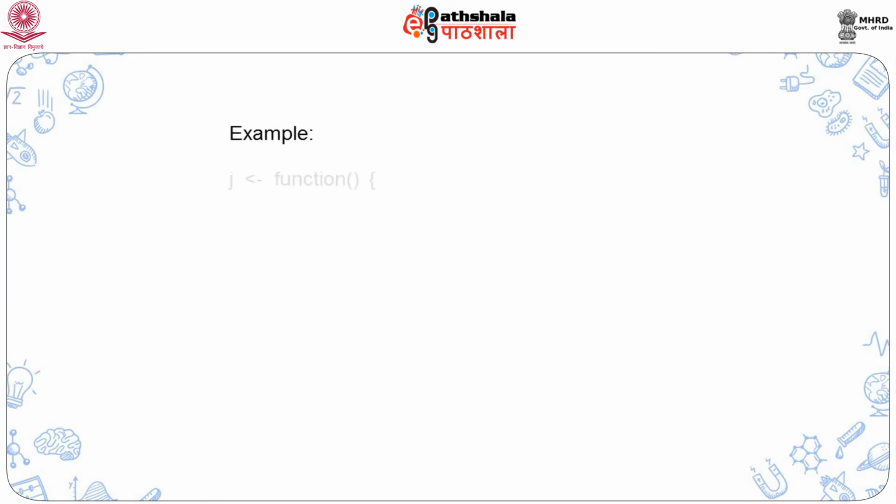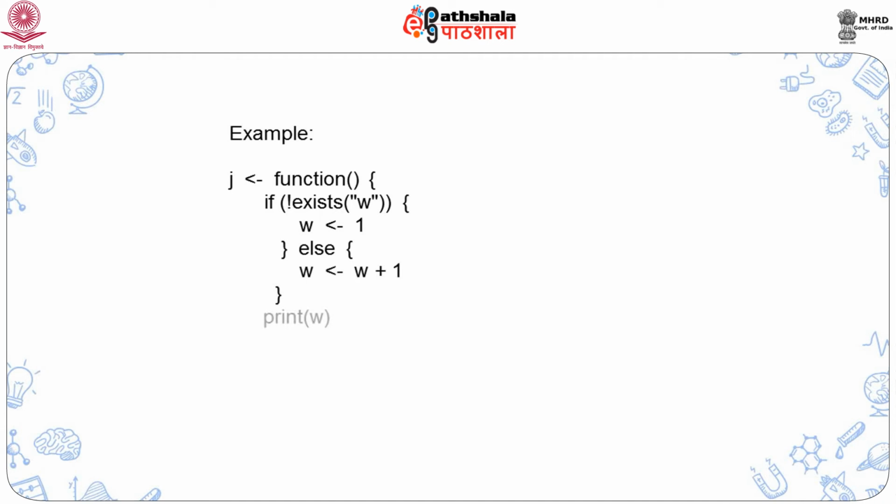Here we have specified a function j, and then we are defining it to be: if w does not exist, then assign 1 to w, else you are going to get w plus 1. So else you are replacing w with w plus 1, and then we are indicating to print w.